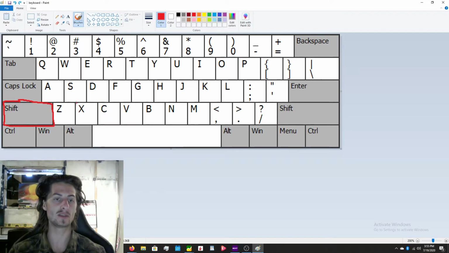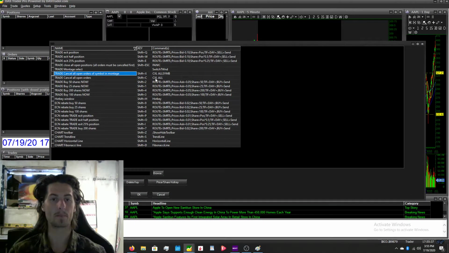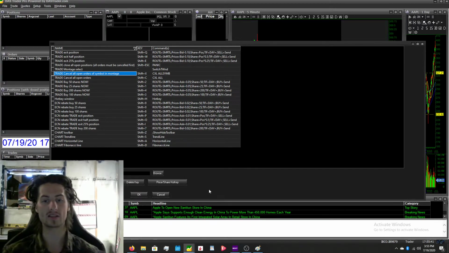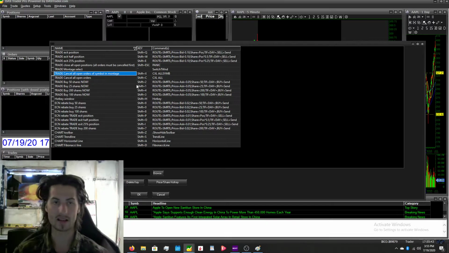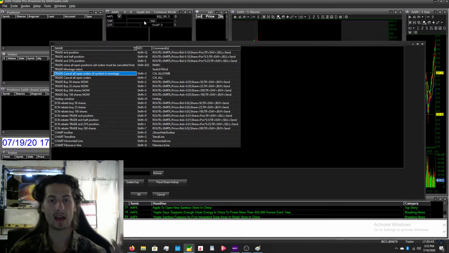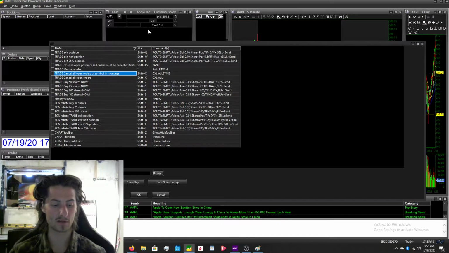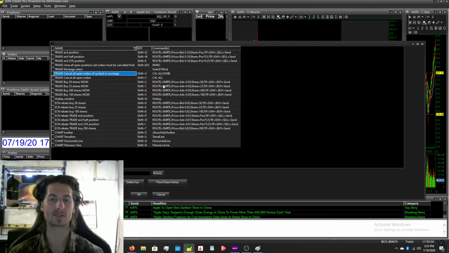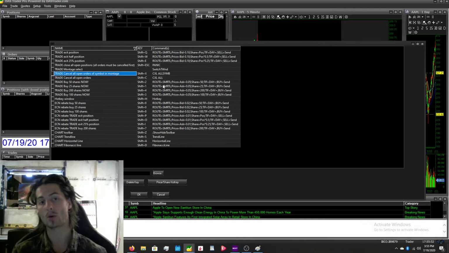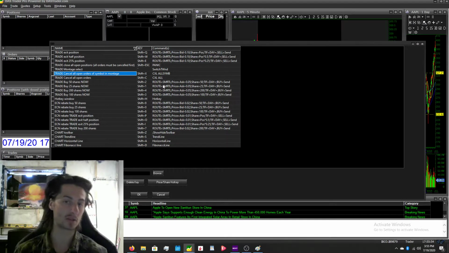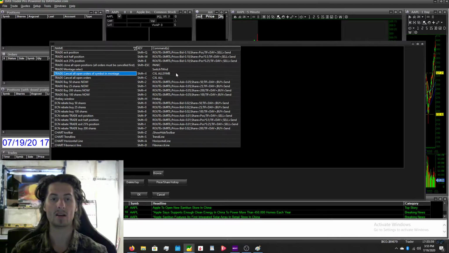The difference between them is this one only will cancel orders, like this thing says, for all the symbol in the montage. So once again, this is the montage back here, and say I'm trading Microsoft and I have a sell order for Microsoft. If I click Shift X, it'll only cancel that sell order for Microsoft, whereas if I have a couple other open orders for other stocks, they'll maintain those, which is nice because obviously you don't want to cancel every single open order you have at once and then have to go back to those tickers and re-enter them all.